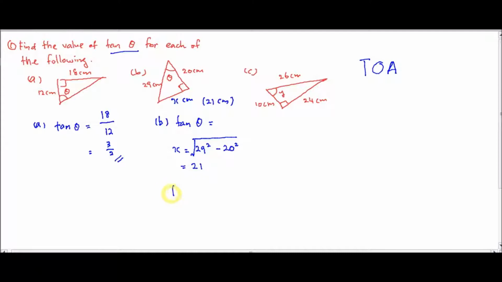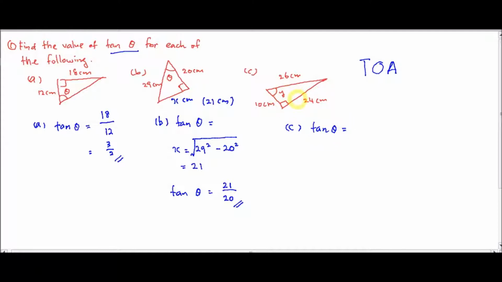21 means that here is actually 21 centimeters. So now you have the length of the opposite side. Tangent theta will be TOA, the side which is nearer to the angle, 20. Here will be the answer. How about C? This one is easier. Tangent theta, TOA, opposite divided by adjacent.